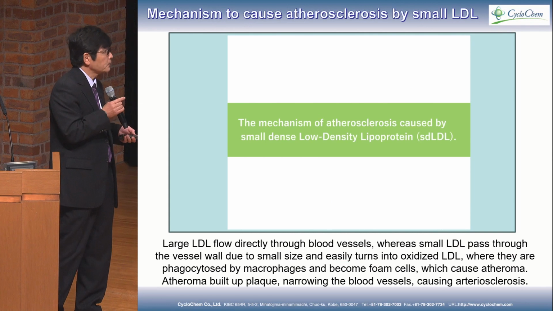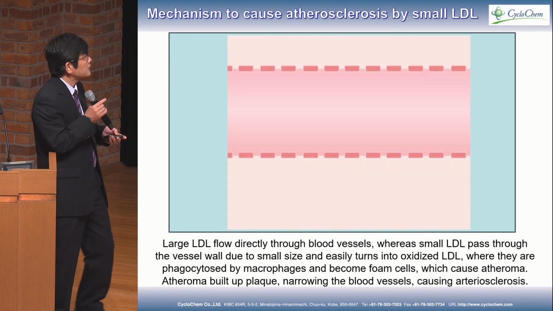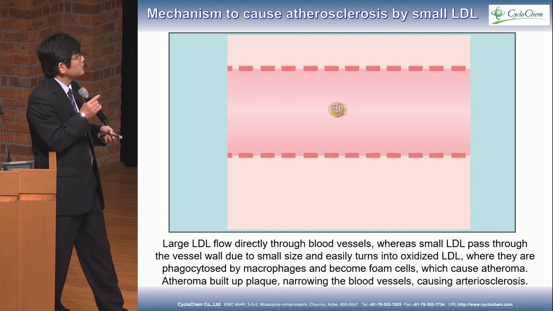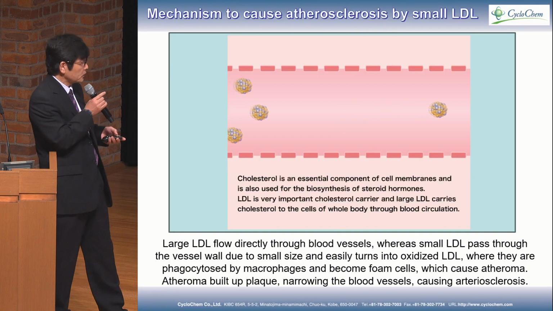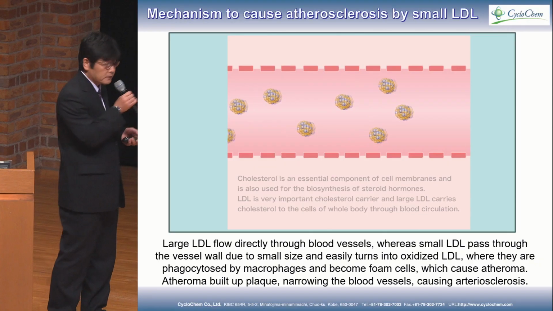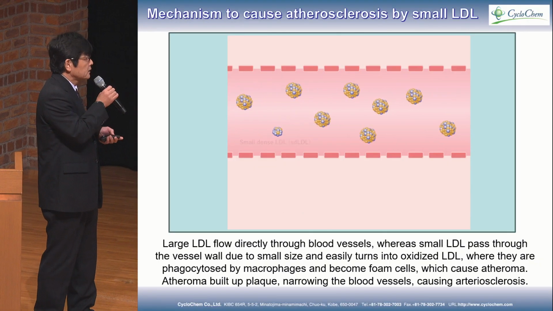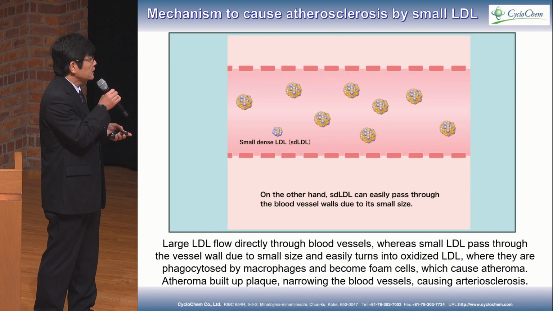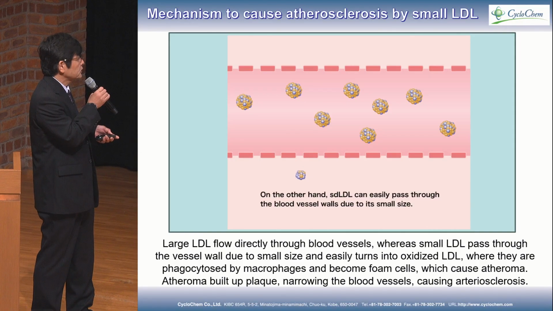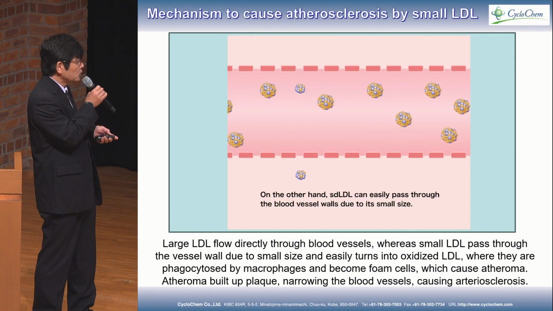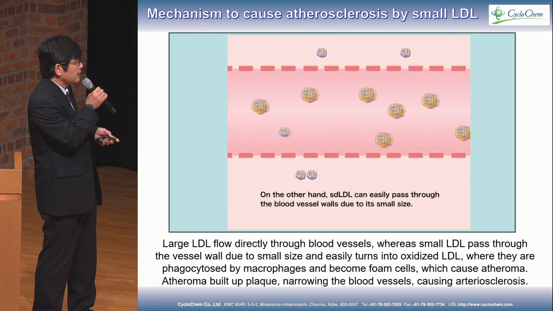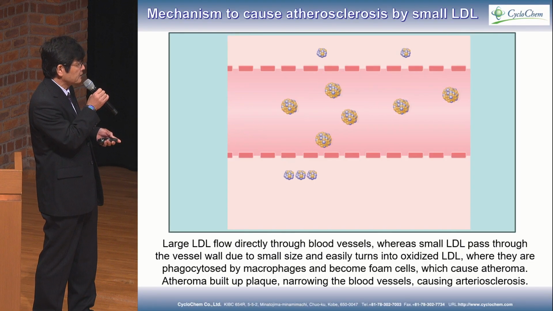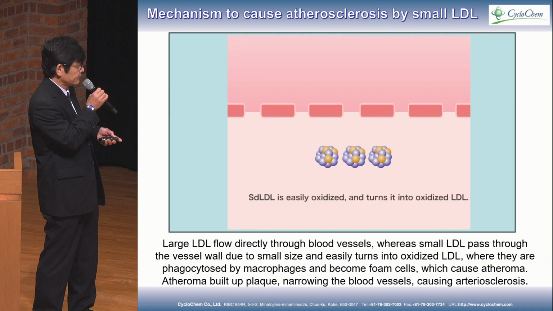So this is the mechanism of why atherosclerosis is caused. Large dense LDL cholesterol flows directly through the blood vessel, whereas small dense LDL cholesterol passes through the vessel wall due to its small size and easily turns into oxidized LDL.